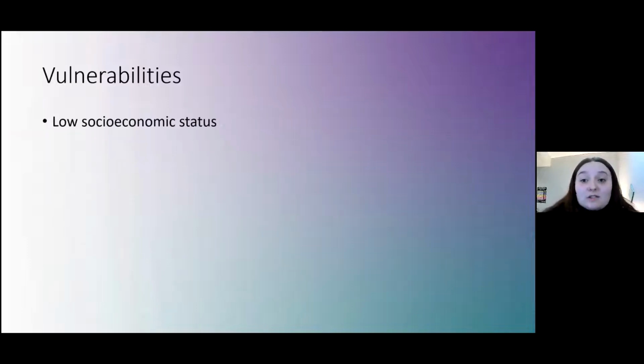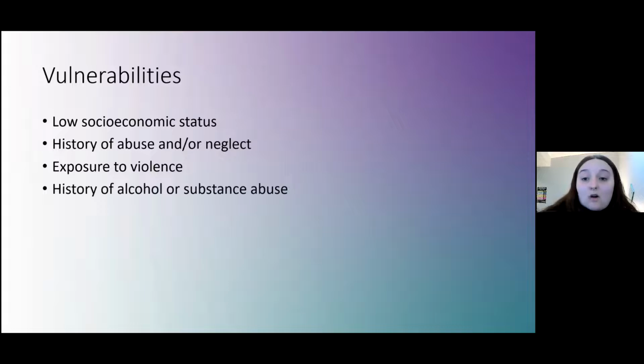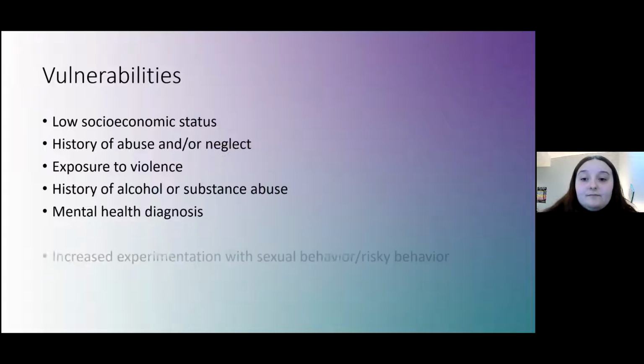So first and foremost, low socioeconomic status definitely contributes to a vulnerability. History of abuse and or neglect. Exposure to violence, whether that be physical, sexual, or emotional. History of alcohol or substance abuse. Mental health diagnosis, whether that be depression, anxiety, bipolar disorder, etc.